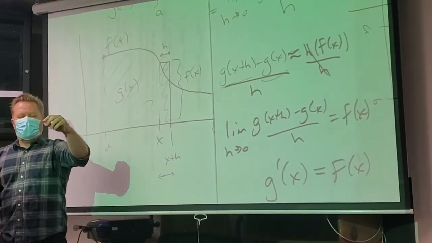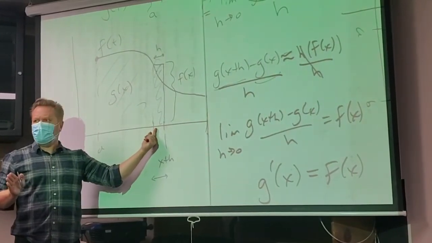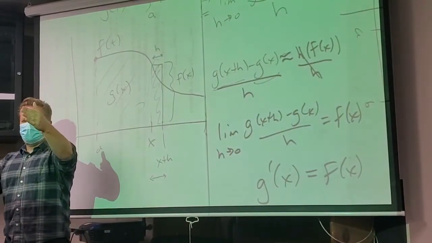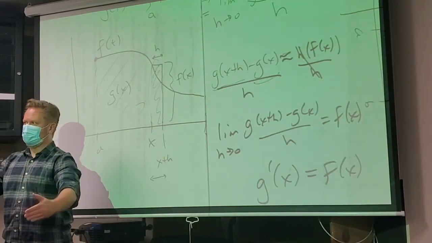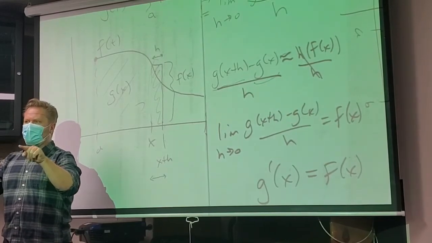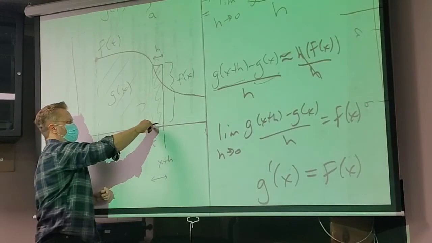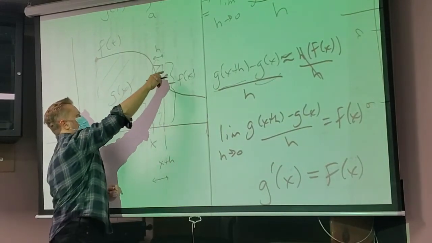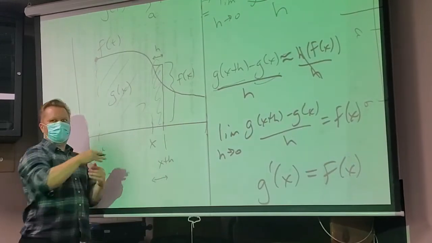And then I want to go an infinitesimal step up. So I basically put a layer of very thin tape on this side. How much area did I just add? Basically f of x. If I just put a thin layer of tape right here, I just added f of x much area to it.